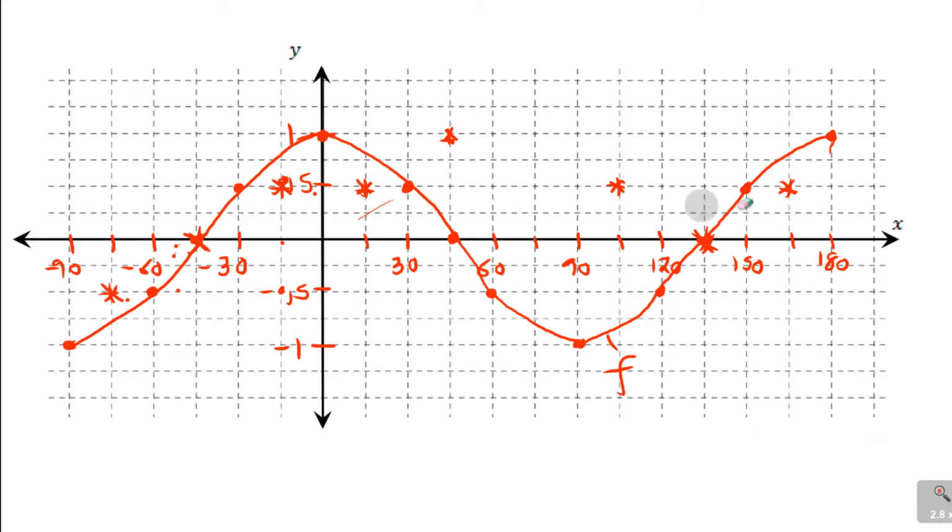So I erased this part and I erased that part, and we say this one was here, supposed to be a curve.